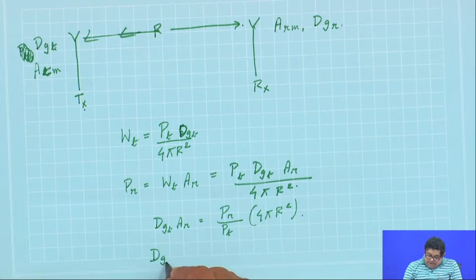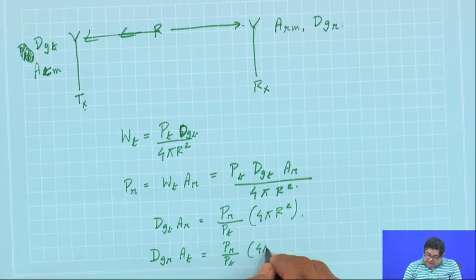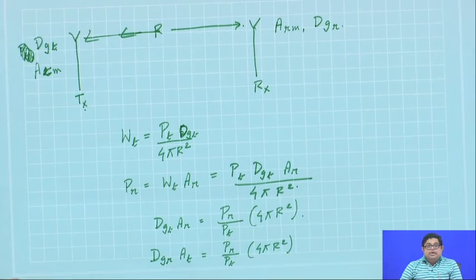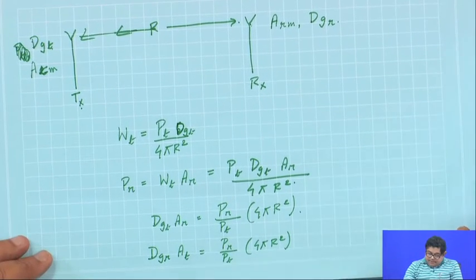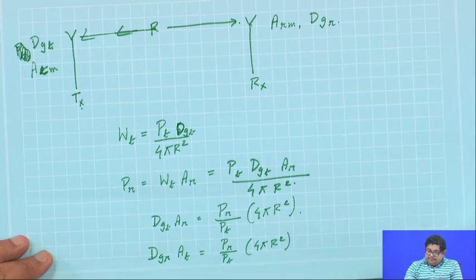So, if we again write, we can prove that DGR AT will be equal to PR by PT into 4 pi r square. So, from this we say that DGT AR is equal to DGR AT.